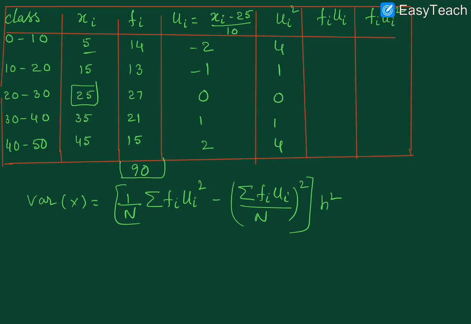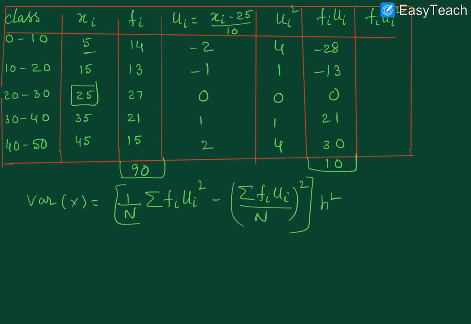4, 1, 0, 1, 4. fi ui is equal to minus 28, minus 13, 0, 21, 15, 2, 30. That is fi ui. But what about sigma fi ui? This total sum is equal to 10.